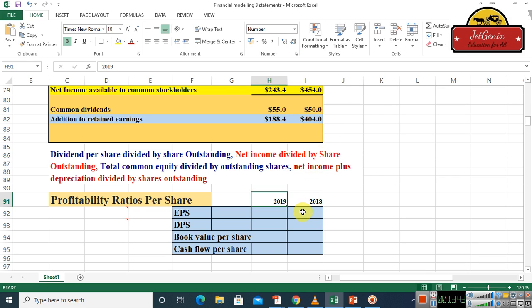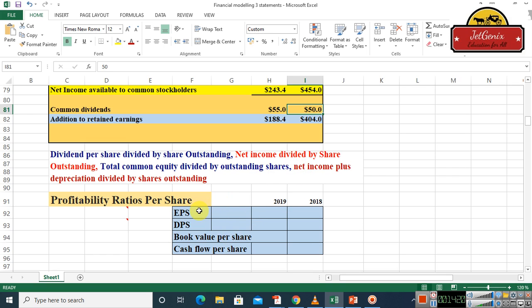So here I am going to calculate the earning per share, and as we know, I have given everything here. You can see it. The dividend per share is the common dividend amount, which is here for 2018 and here for 2019, divided by the shares outstanding.